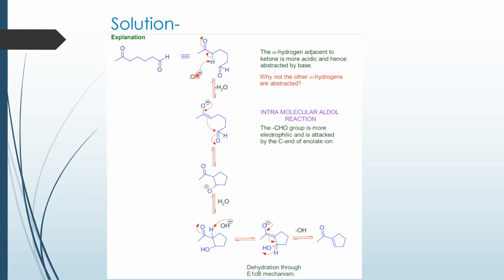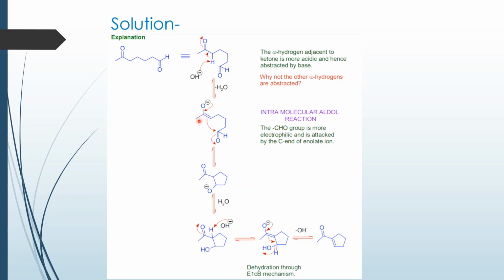Firstly, the base abstracts this proton and will create this enolate ion. Here you can see, as one enolate ion from one molecule can react with the carbonyl group of another molecule, as we have seen in the last slides. Here the mechanism is different. Here two carbonyl groups are present within the same molecule. That's why it is known as intramolecular aldol reaction.